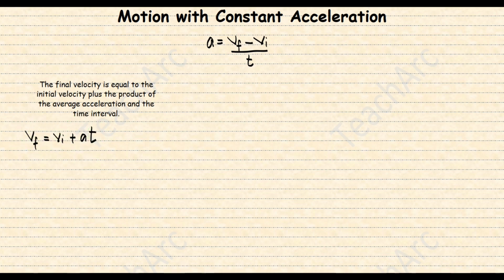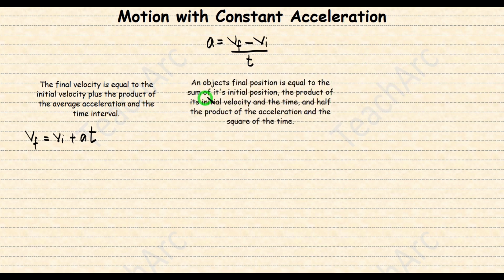Also, if we include displacement in our equation, we can find the final position of the object by getting the sum of its initial position, the product of its initial velocity and the time, and half the product of the acceleration and the square of the time. If our initial position is 0, then we can simplify our formula.